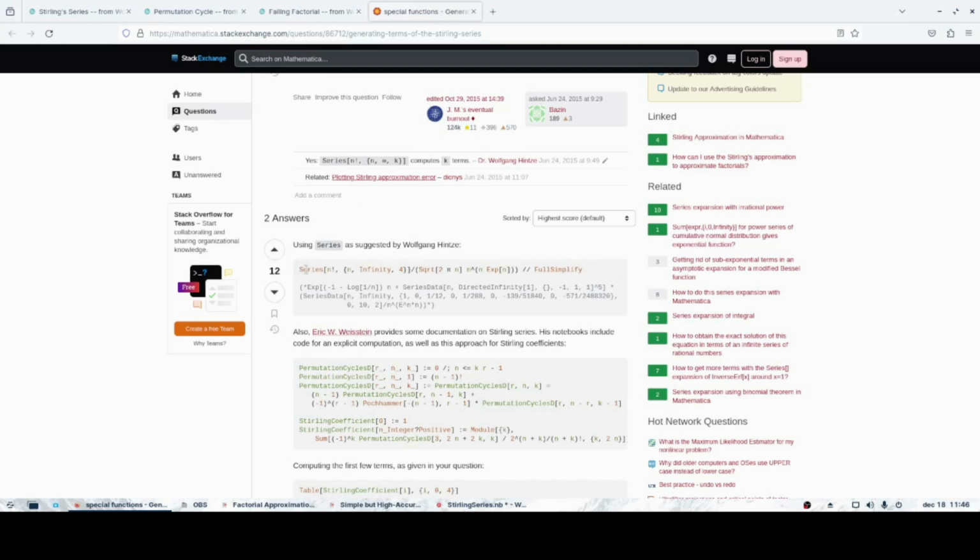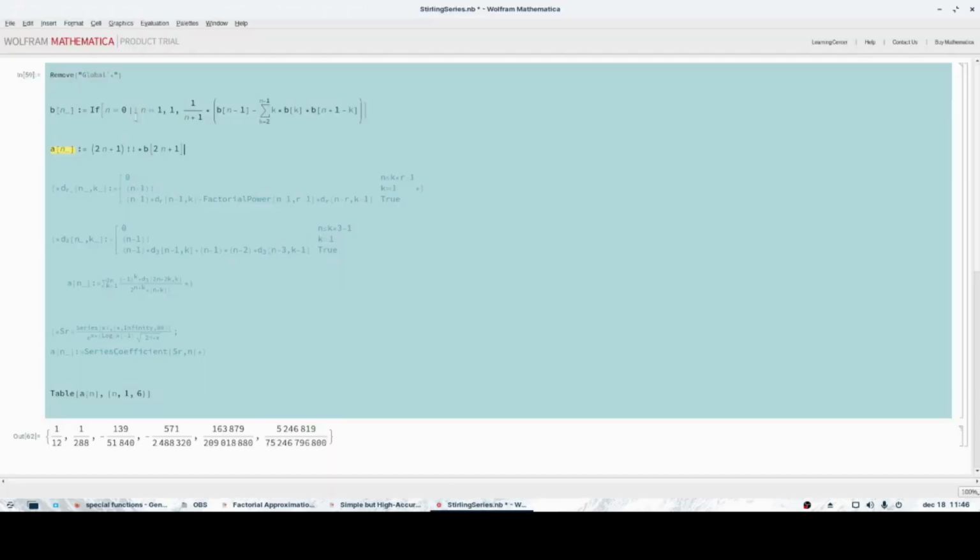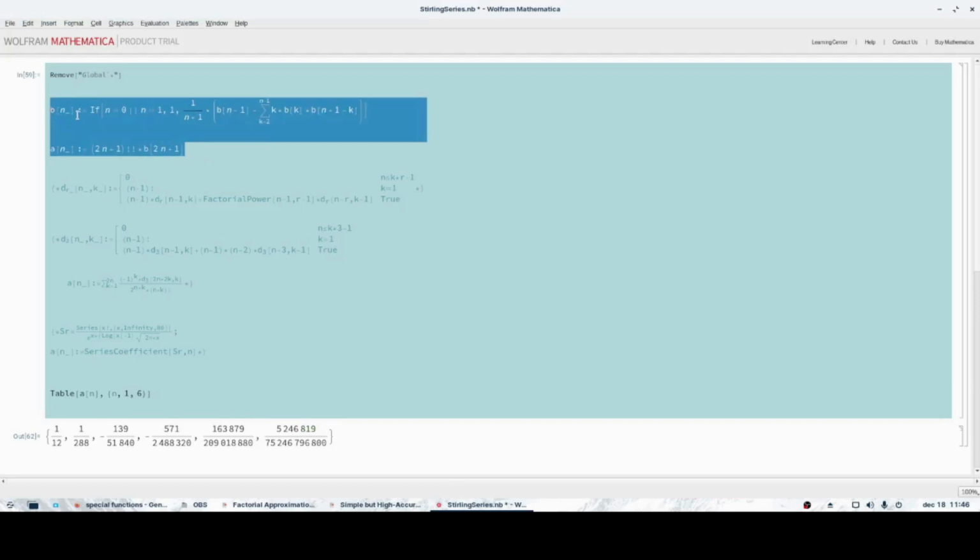That means the Taylor series for the n factorial, which the Wolfram Mathematica software can compute for you, and from there you can get the coefficients. This seems to be a better computation.